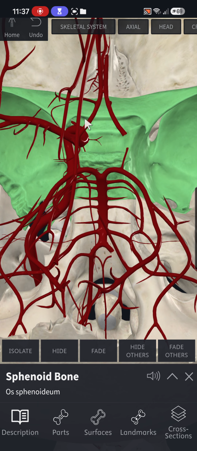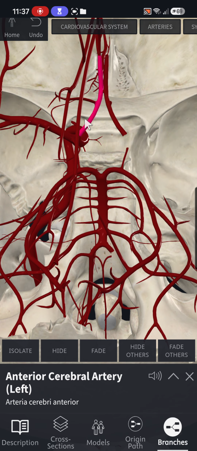And these are the two end branches of the internal carotid artery. In a while, we'll talk about the branches and the pathway of the internal carotid artery, but until now, let's know that the two end branches are the middle and the anterior cerebral.